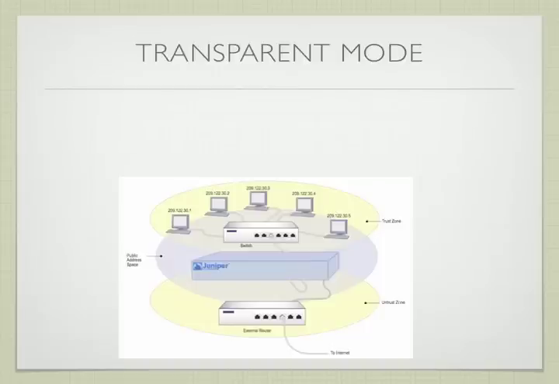Transparent mode is the ability to insert the ScreenOS device in between existing devices on a layer 3 network. So in this diagram here, we have the Juniper ScreenOS device in the middle, and we have 2 layer 3 routers or switches in a network with a bunch of computers.